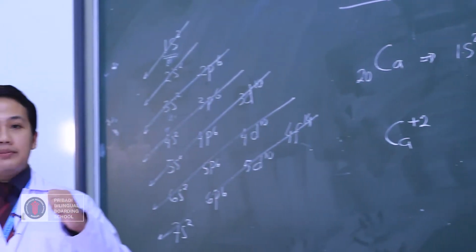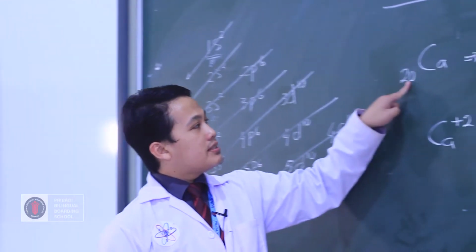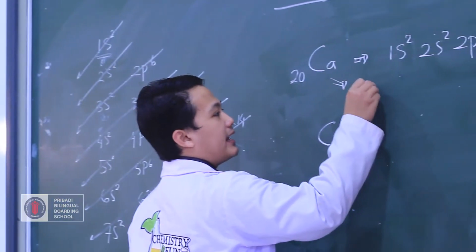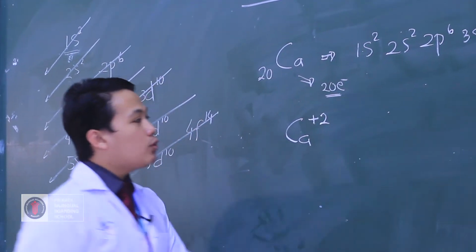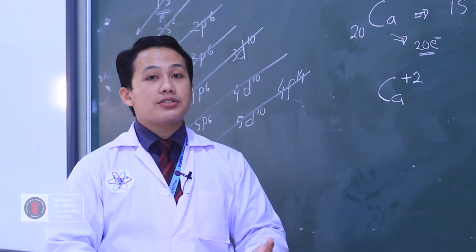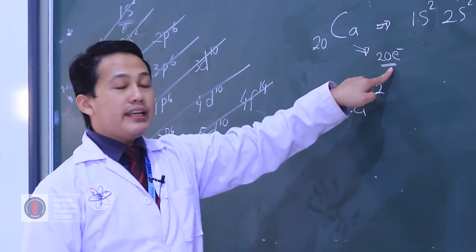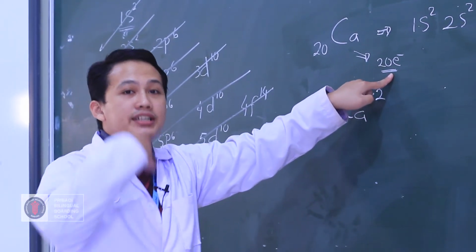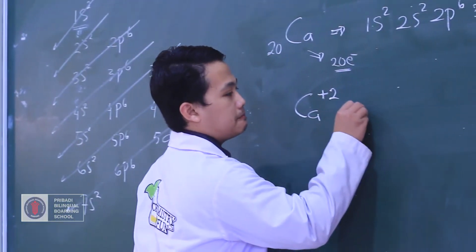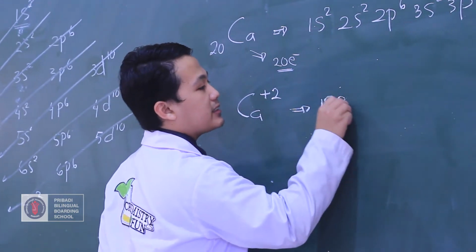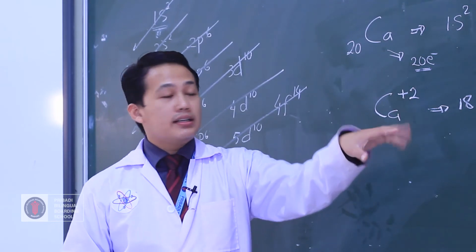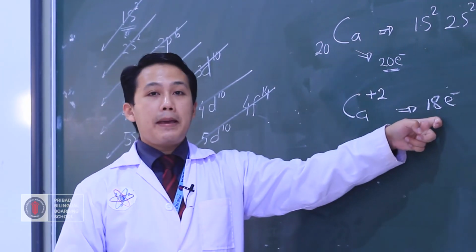Previously we have Ca20, which means it has 20 electrons. But here, what does it mean? Plus 2 means it releases 2 electrons. So if previously it has 20 electrons and then it releases 2 electrons, how many electrons does it have? Of course, it is 18 electrons. From 20, it loses 2 electrons. So 20 minus 2 is going to be 18.